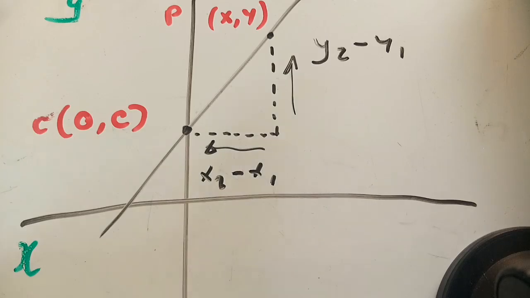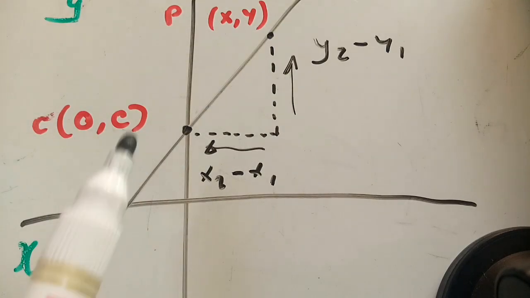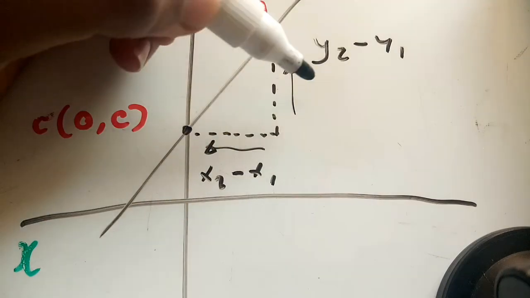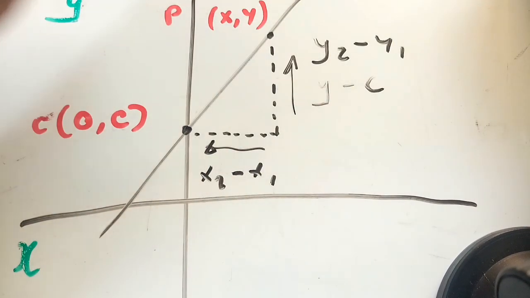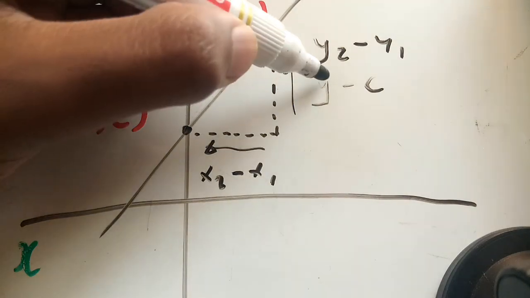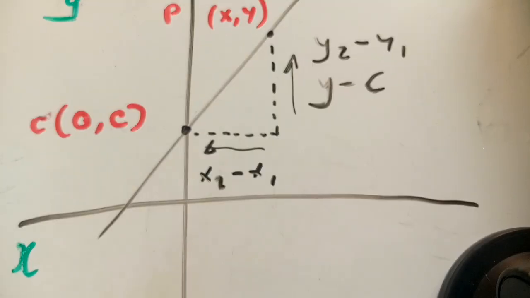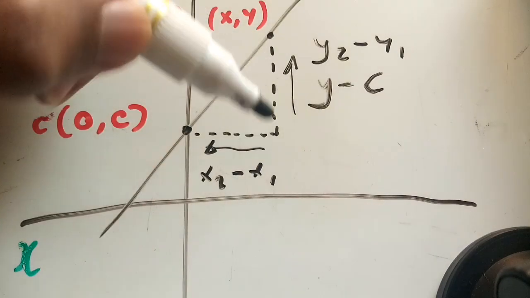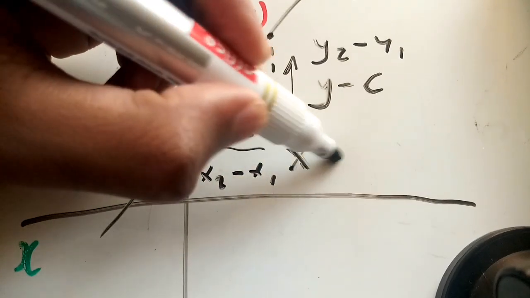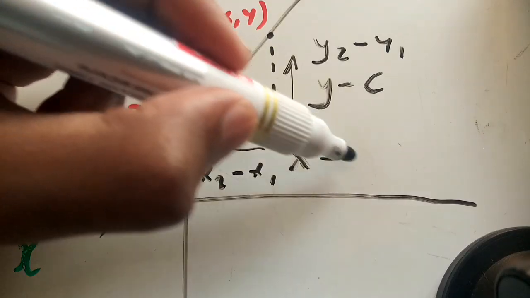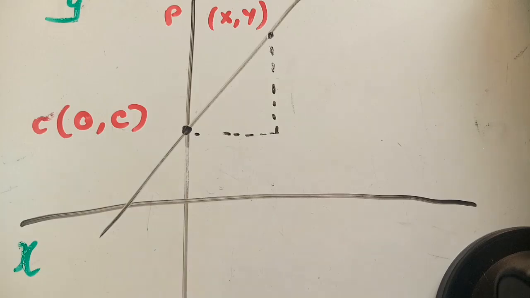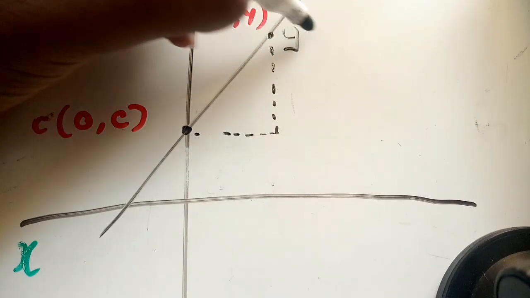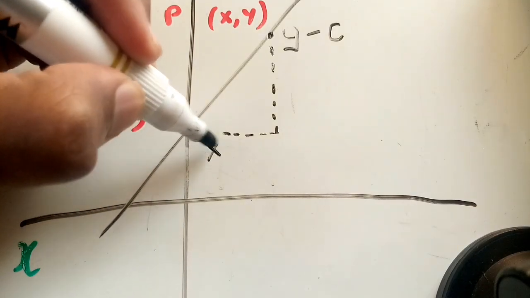Our y2 here is y, so y minus our y1, which is c. And our x2 is x, so x minus our x1, which is 0. So we had y minus c and x minus 0.